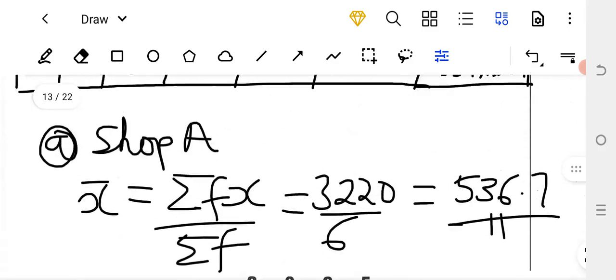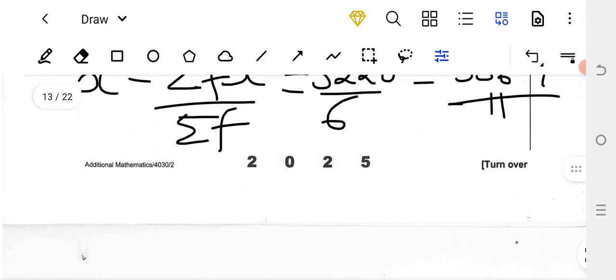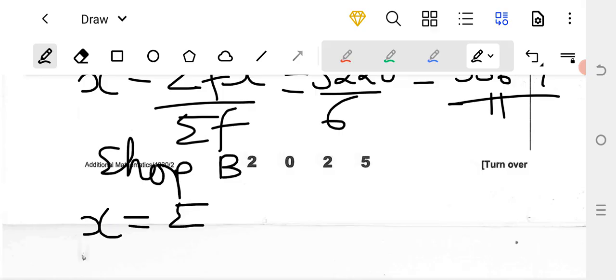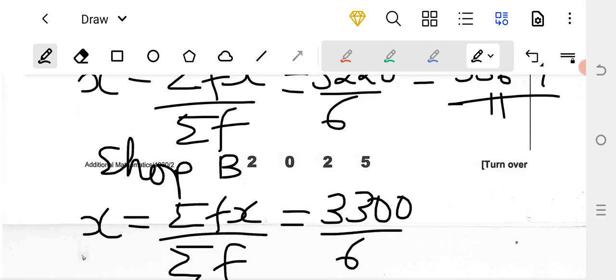I was supposed to write the answers for both shop A and shop B here, so let me try to squeeze it in. For shop B, x bar is equal to the summation of f times x divided by the summation of f, so 3,300 divided by 6, which is equal to 550.